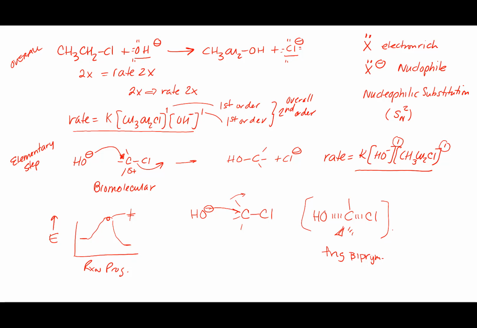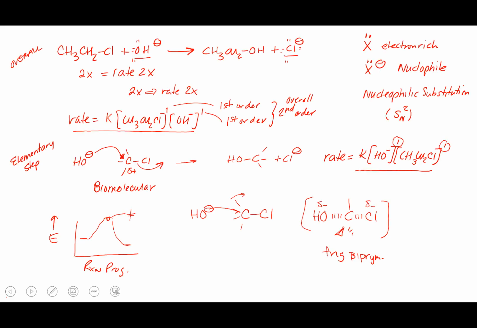And in terms of charges, the oxygen's going to go from -1 to on the other side having no formal charge. So all I know is it has some charge. And the chloride's going from having no formal charge to having a -1 formal charge on the other side. What's happening is the oxygen is transferring some electron density to the carbon, or to the chlorine, as it leaves.